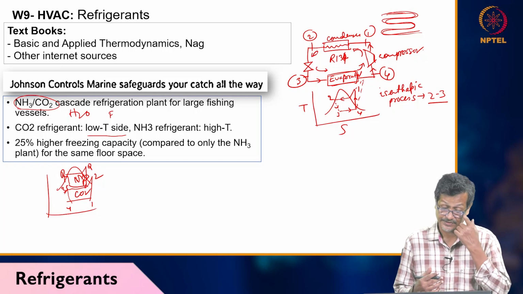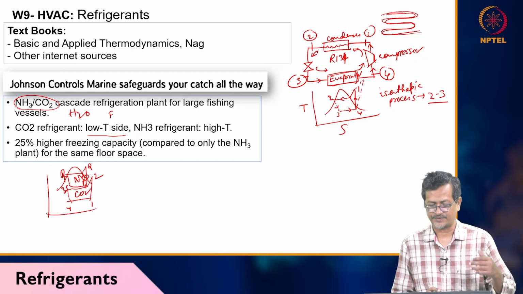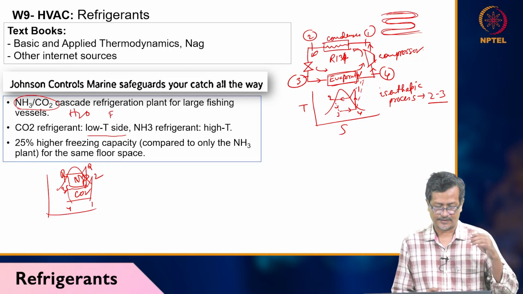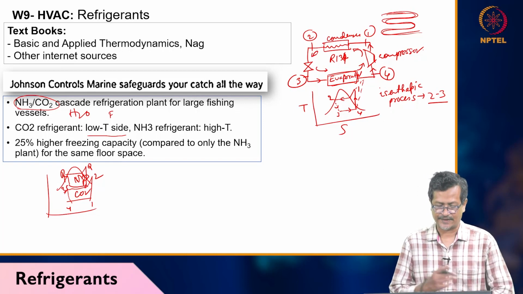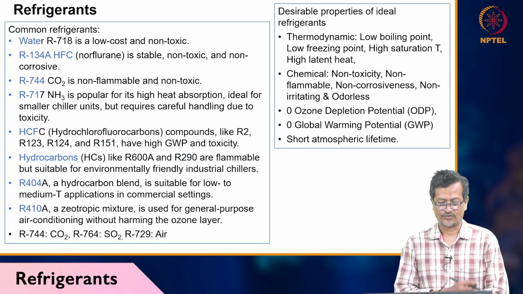If they are using only an ammonia based system, it will give a lesser amount of freezing. So to increase system performance, they apply many different mechanisms. One is that cascading system, and several other systems we'll discuss later. So here we see the common refrigerants.